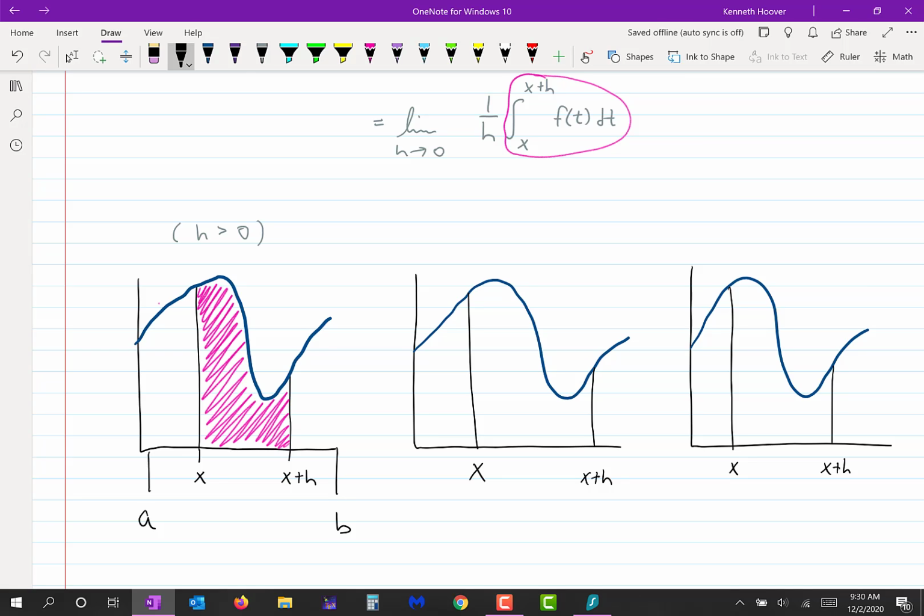Okay, now, here's what we're going to do. Let's look at the maximum of little f. Remember that blue graph is a graph of little f, okay? Not capital F, little f. So let's look at the maximum of little f between x and x plus h. Let's call that maximum value capital M. Okay? And let's look at this rectangle.